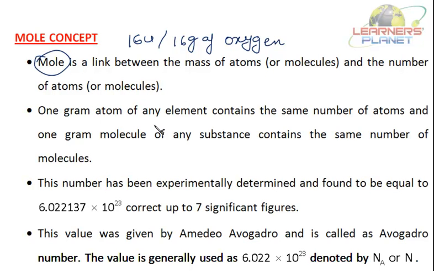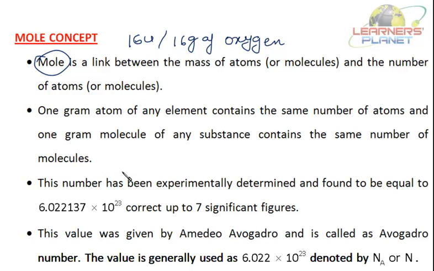Mole is a link between this mass of atoms and the number of atoms. 1 gram atom of any element contains the same number of atoms, and 1 gram molecule of any substance contains the same number of molecules. That is, whether it is 1 gram atom or 1 gram molecule, the number of that particular atom or molecule will be the same.